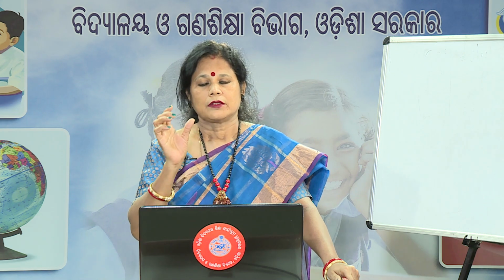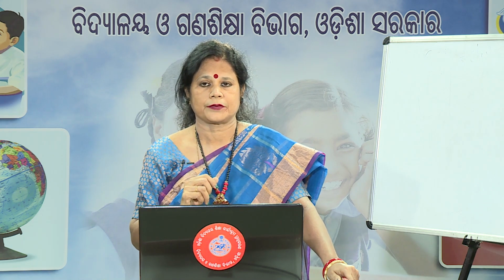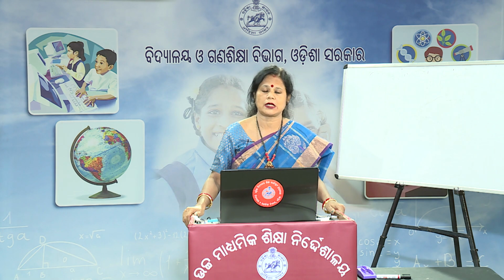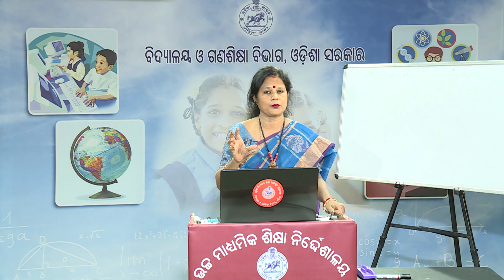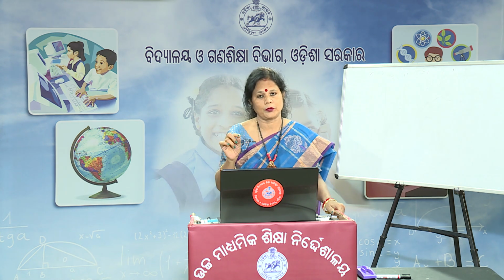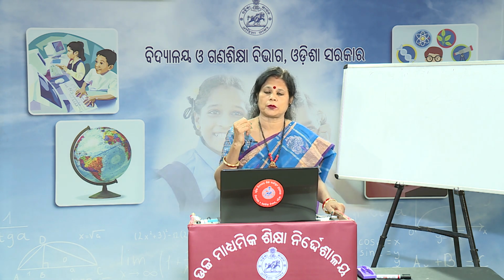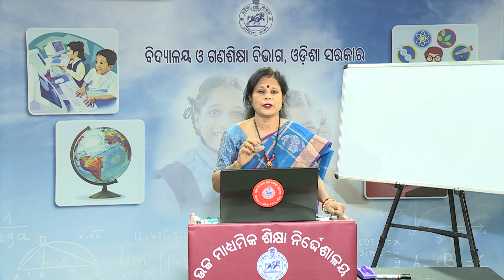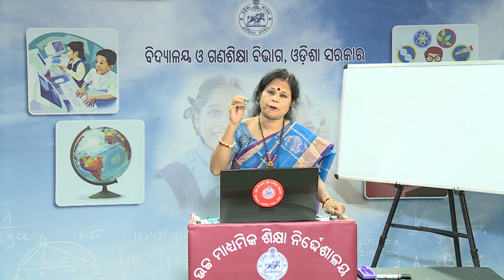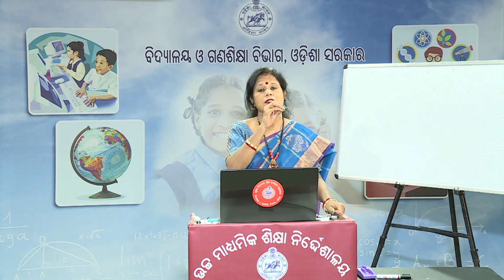So, when we have a compound proposition, the truth value of the compound proposition depends on the truth value of the simple propositions. When I say sun rises in the east and sun sets in the west, this is a compound proposition because two propositions are there, connected by the connective 'and'. So this is a compound proposition, and the two propositions are simple propositions. How do we know the truth value of the compound proposition? The truth value of the compound proposition depends on the truth value of the simple propositions.